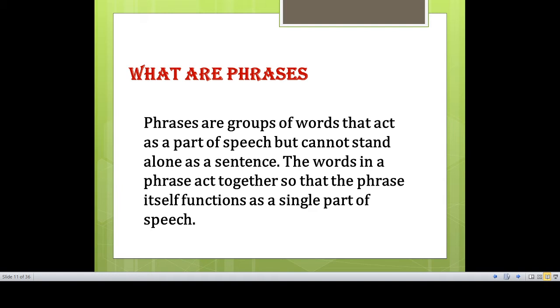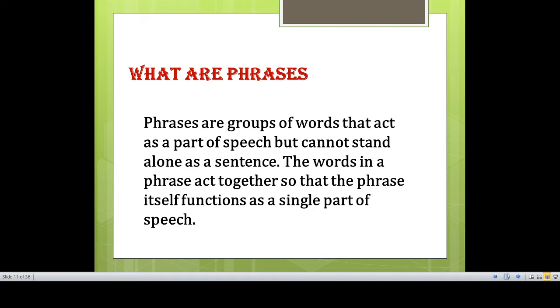For example, you can take a phrase out of this particular sentence which you see right now in front of you. The words in a phrase act together so that the phrase itself functions as a single part of speech. You can take the last part as a single part of speech. What did that mean? Something related to singleness, something related to part of speech, something related to grammar, of course.